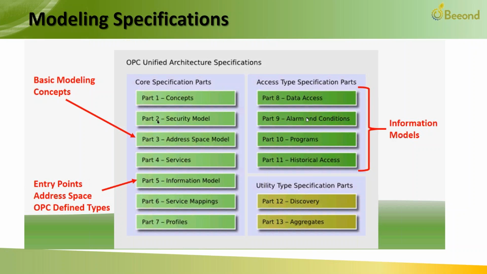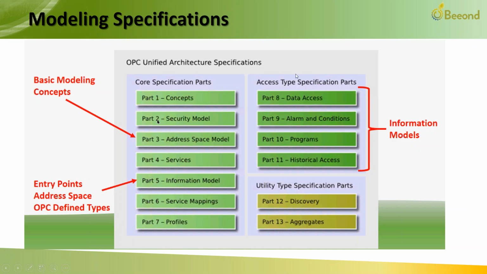And then on the right side, you see the specification that relates to aspects of OPC UA relative to the application. Data access is the ability for an application to read, write, and subscribe to an object value and methods. Then alarms and conditions, programs, and historical access for time series data or things of that nature.